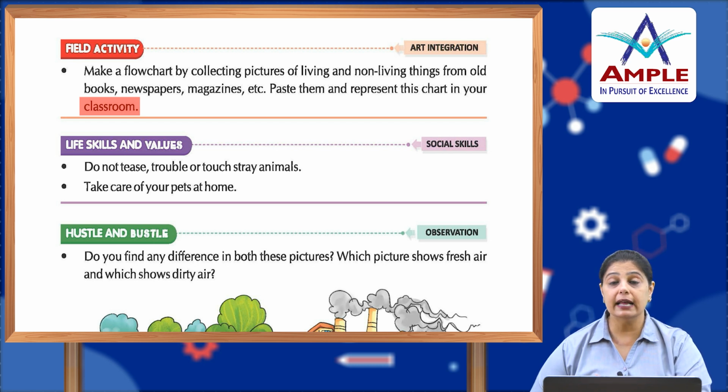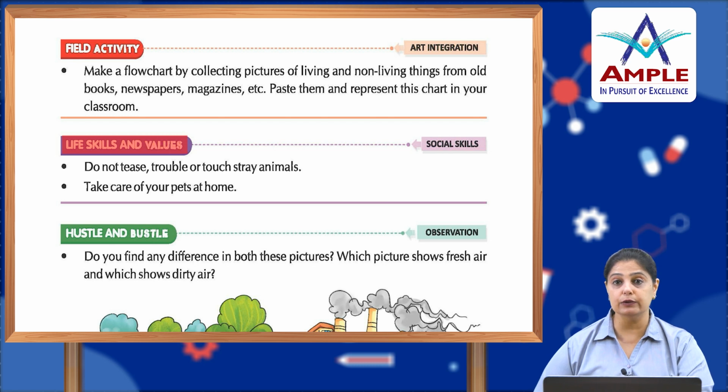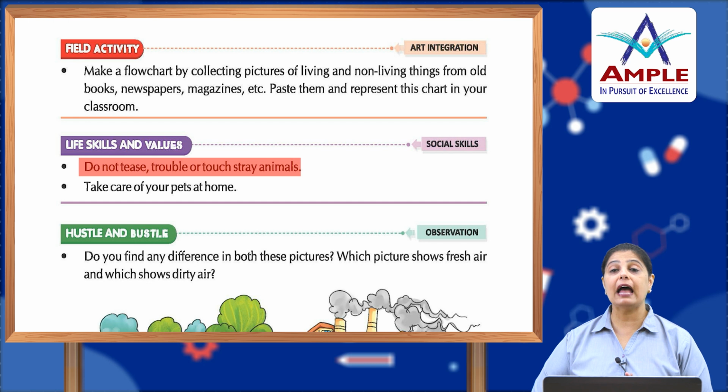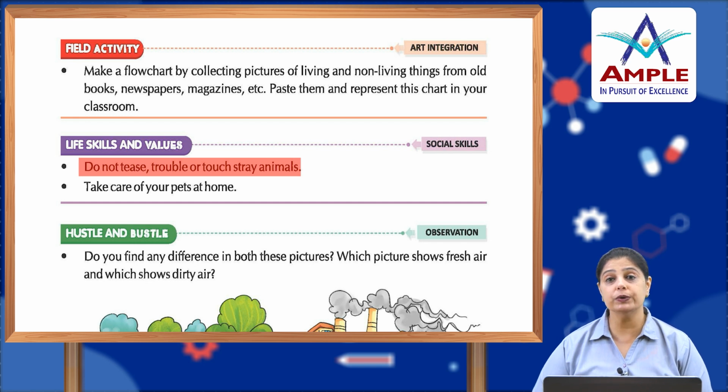Now, let's look at certain life skills and values that we should always keep in our mind. Firstly, do not tease, trouble or touch stray animals. So, children, have you ever observed a dog sitting by the roadside? If we don't touch the dog, don't tease the dog, don't go near the dog or trouble the dog, will the dog move from there?